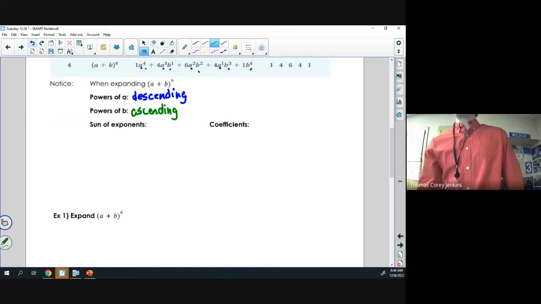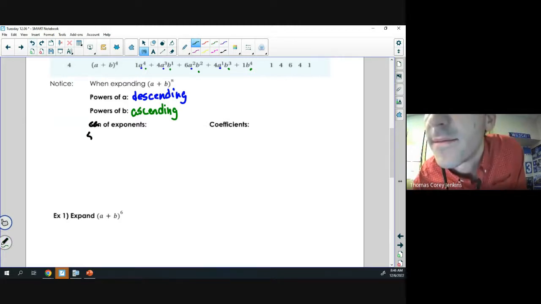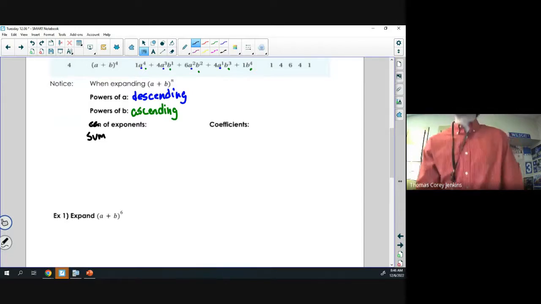The next thing should say sum of exponents. So let's think about the exponents of our variables. What's the sum, right? In our first term we have a to the fourth, and that's it, so that sum of exponents would be 4.